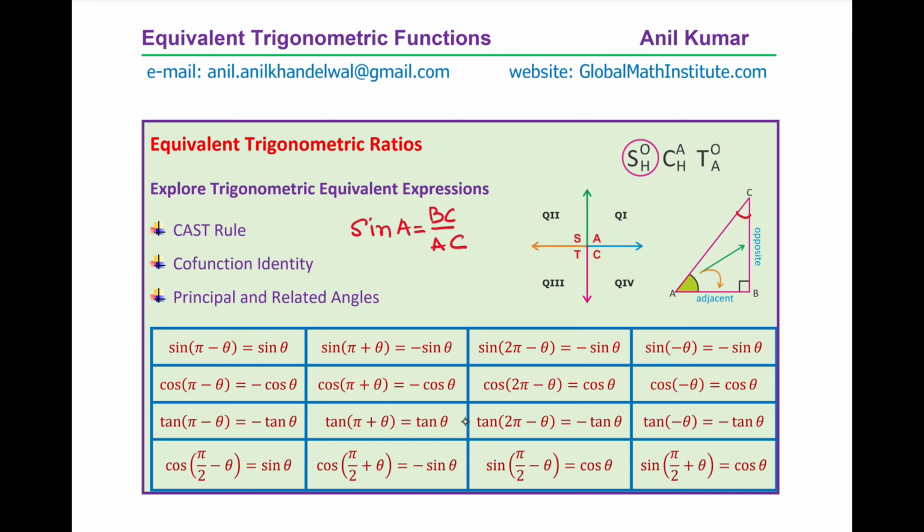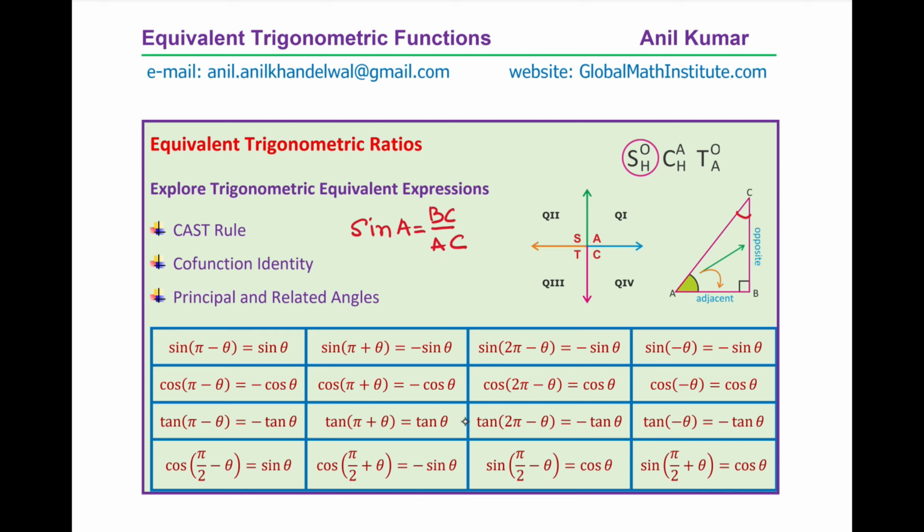In quadrant 1 all are positive, in quadrant 2 only sine is positive, tan is positive in quadrant 3, and cosine in quadrant 4. So when I talk about cos of pi by 2 plus theta, cos is negative and therefore we have negative sine theta. The cofunctionality is true, but the sign changes to negative since we are in quadrant 2.